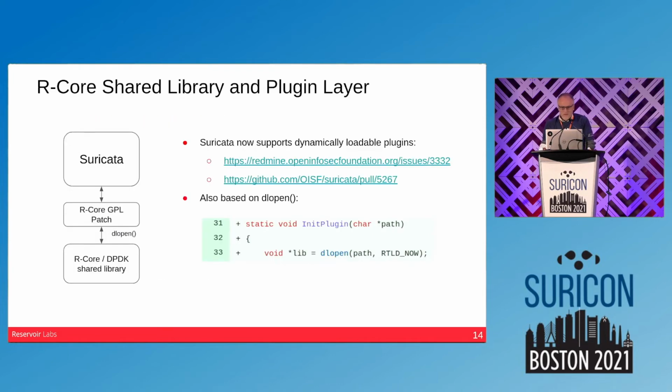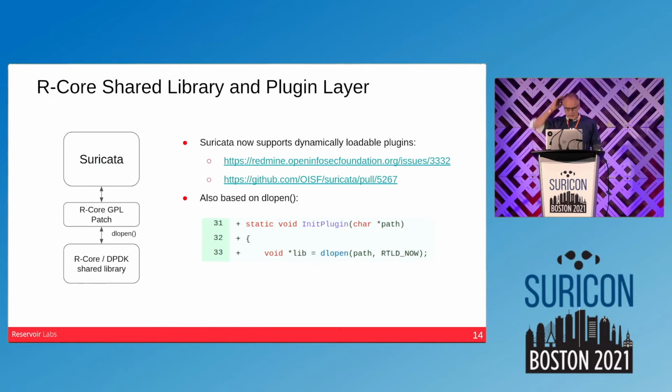Okay, so that's pretty much the architecture. A couple of points we wanted to connect with the community here are the recent developments on the Suricata side. Our core today runs as a shared library, and so it uses dlopen to load the library, and we have a patch that we maintain.